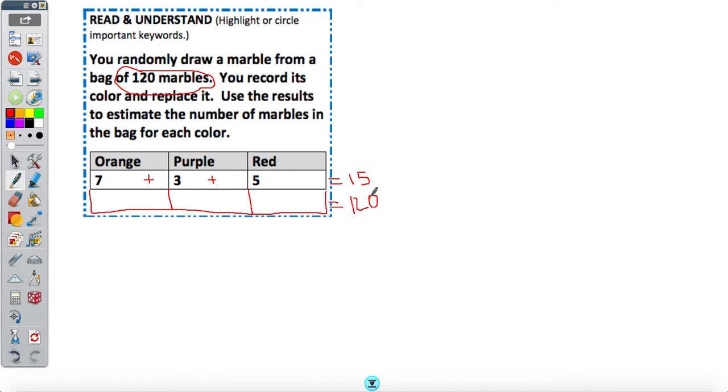Well, this is a lot like a ratio. So how many times does 15 go into 120?